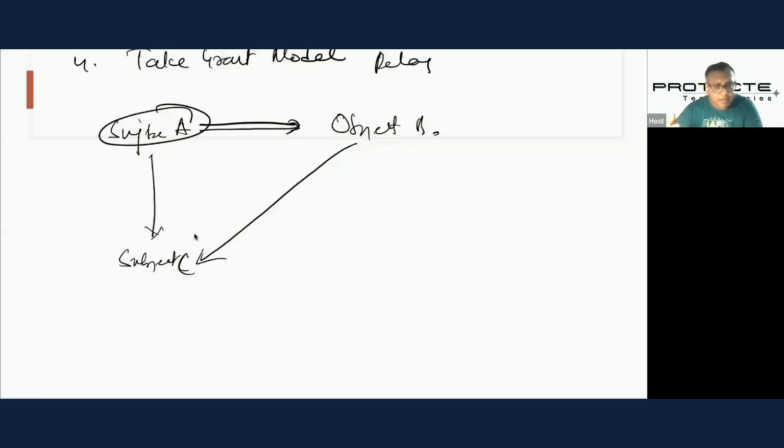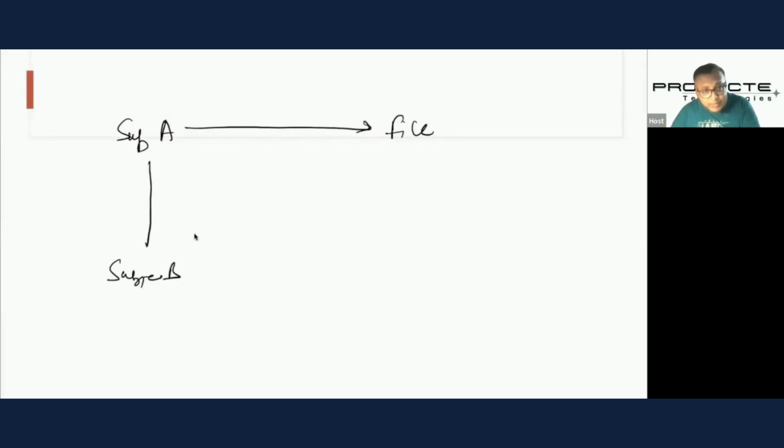Such accesses happen when, say, there is a file system, and there is a file, and subject A is trying to access the file. But the file system sees that subject A is trusted by subject B. So the file says, okay, fine, you can take the access, you can take the rights.